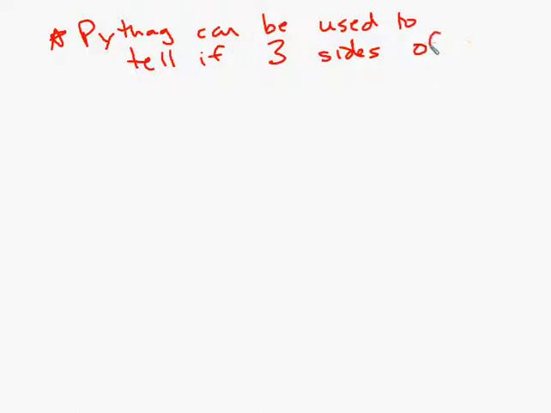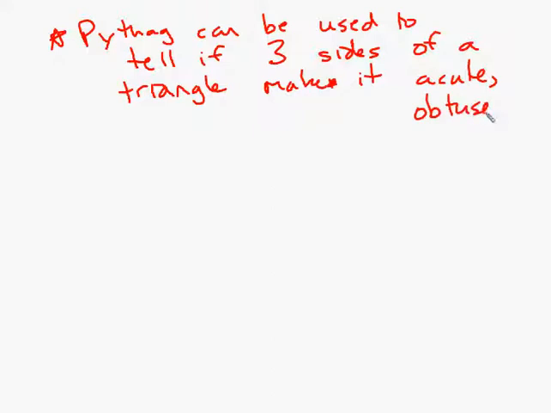The Pythagorean theorem can be used to tell if 3 sides of a triangle make it acute, obtuse, or right. So we have 3 cases. Now here's our first case. Case 1.